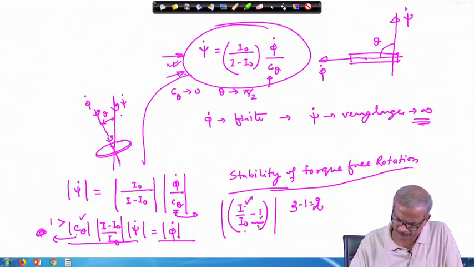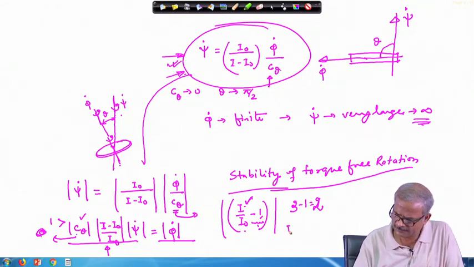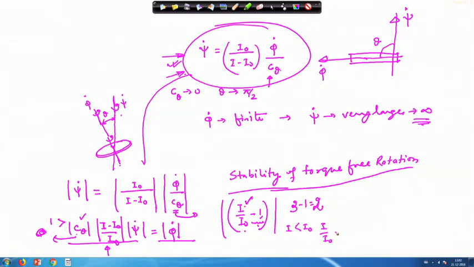So, if I is less than I0, I by I0 becomes less than 1, and therefore I by I0 minus 1 will be less than 0. This will become a negative quantity, because this is less than 1 and from there we subtract 1. So, this is going to be a negative quantity.